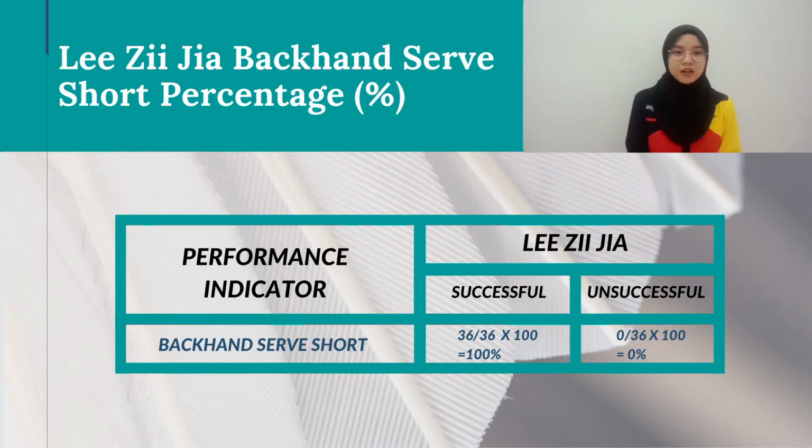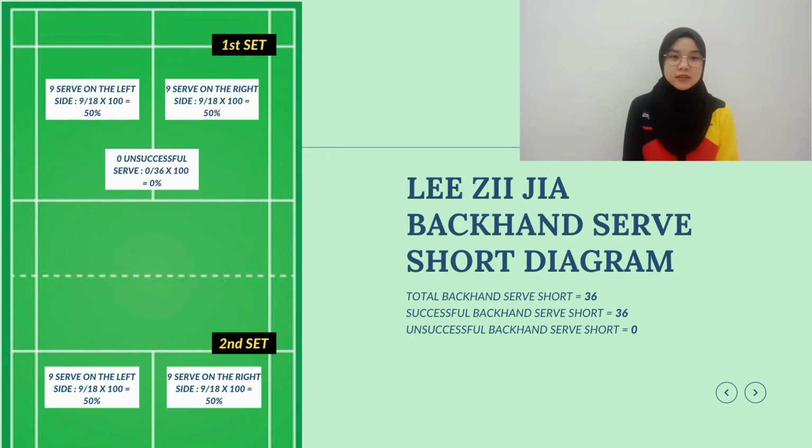The percentage of backhand serve short performed by Lee Zii Jia is 100% successful and 0% unsuccessful. This is the diagram of backhand serve short performed by Lee Zii Jia, where the total of backhand serve short is 36 over 2 sets.